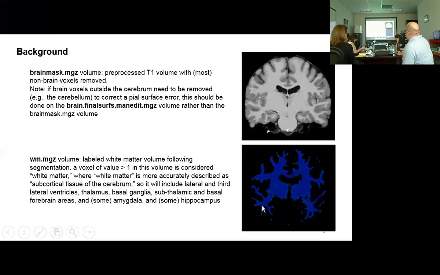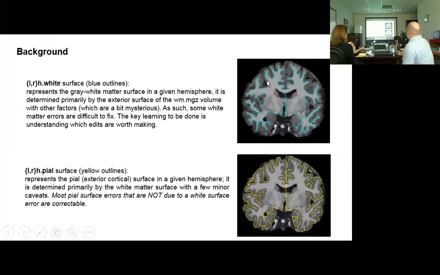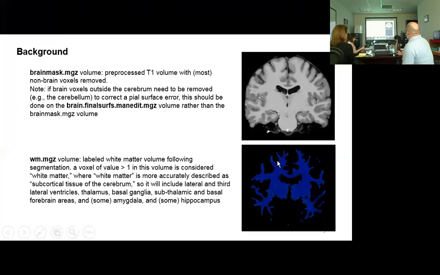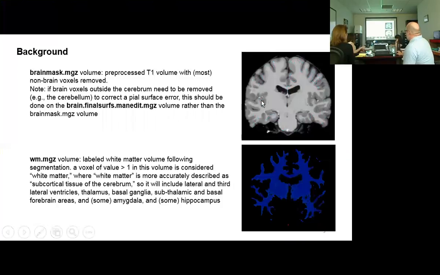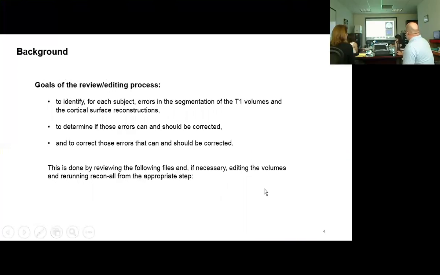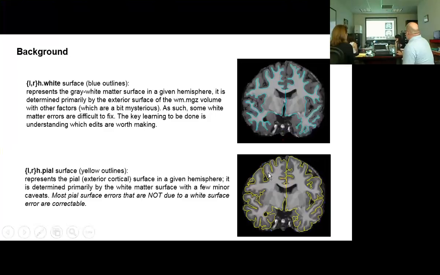This volume here, which is derived from the T1, is very important because that's the one that is used to build the white matter surface. So I'm going to transition from here to here, where this is the white matter surface that's built from this labeled volume, and it uses the labeled volume as a guide, but it's not just the labeled volume. And to be honest, it's still a little bit mysterious to me exactly how this is come up.